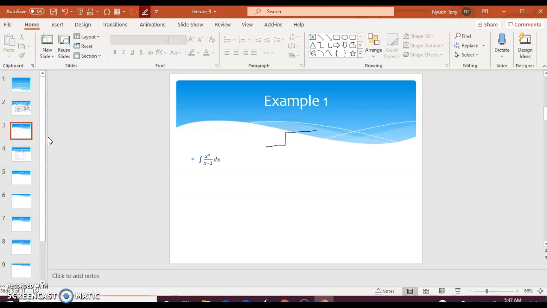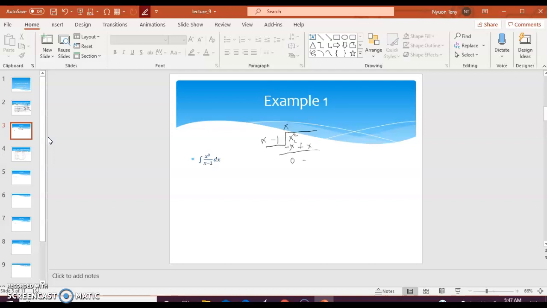So this time, when I have an improper function, I'm going to use the long division concept. Here I have x squared, here I have x minus 1. So x divided by x squared, I will get x. So x times x minus 1 would be x squared minus x. I'm going to change the sign and sum.